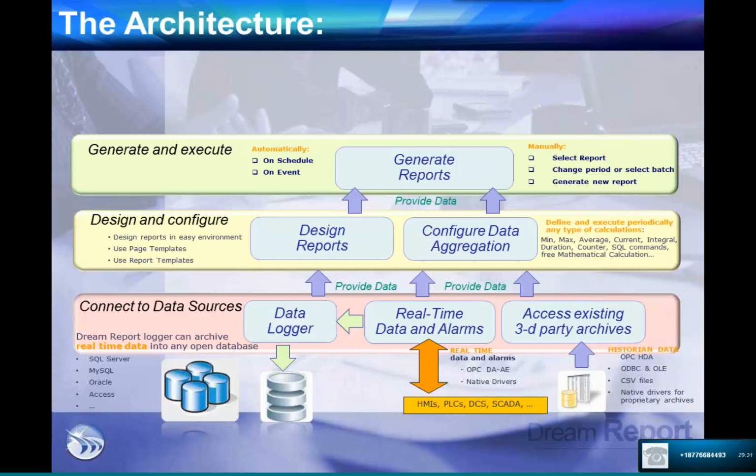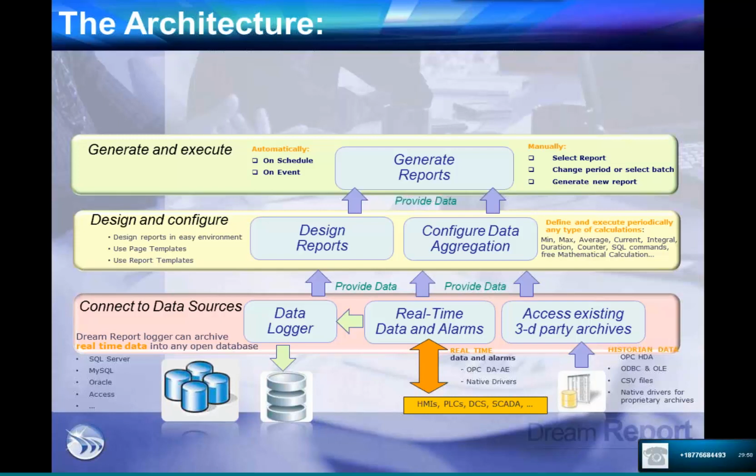We can schedule report generation on a calendar basis, once a day, once a week, once a month, and we can also schedule report generation on event, which means that at the end of the batch, or if some event occurred on the plant, we can recognize this event and generate, for example, a summary report related to this event.